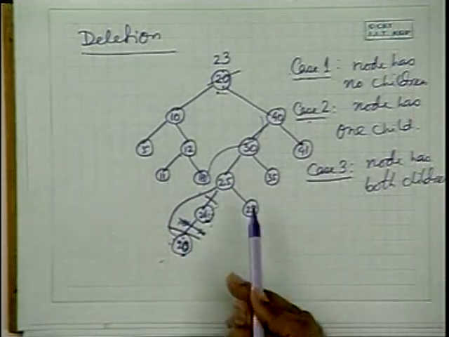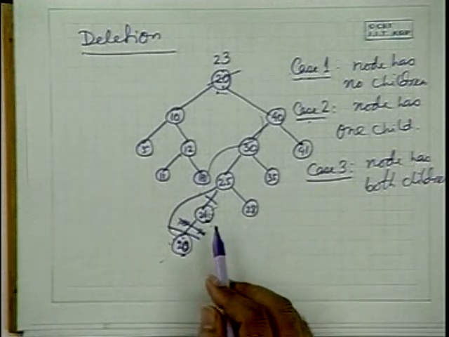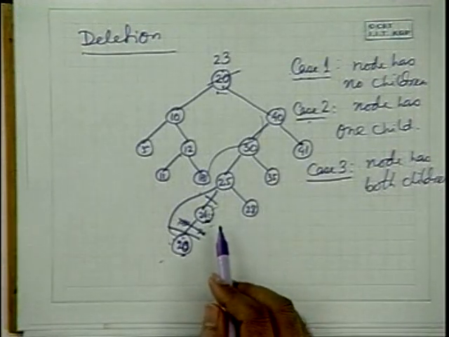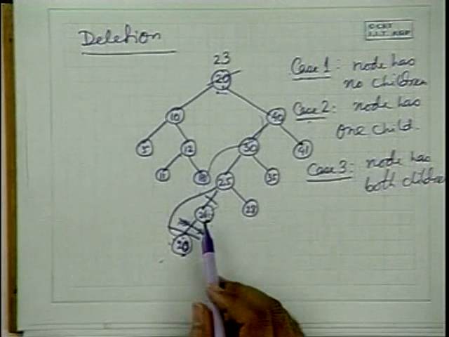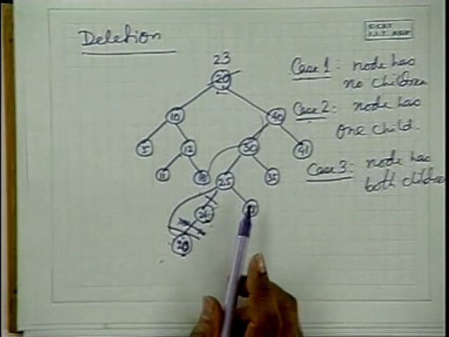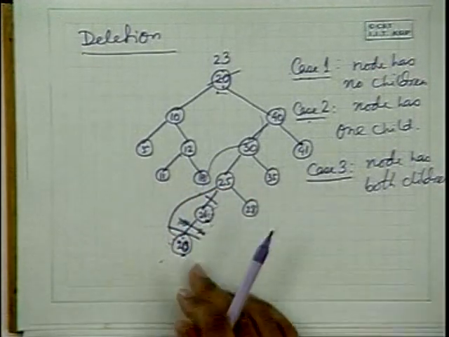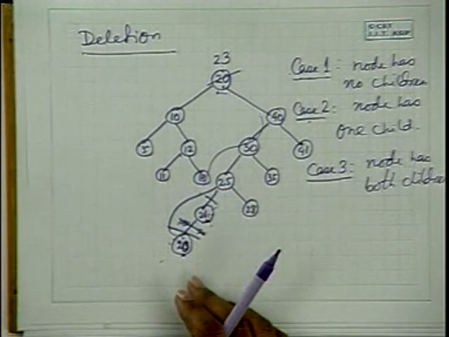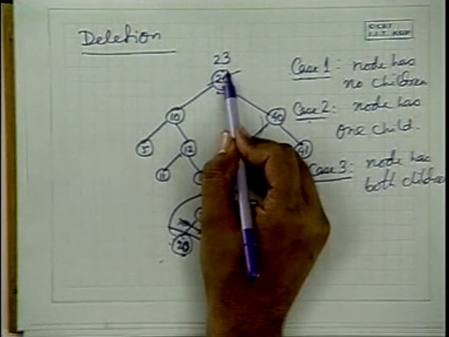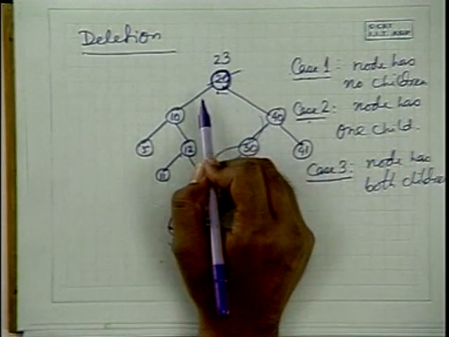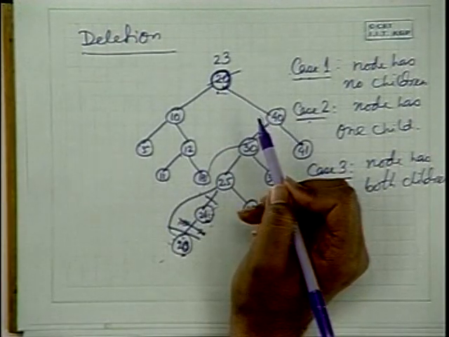You find out why. That is left to you. It will never happen because of the way we have defined it: either extreme left or extreme right or something like that. Say the node we are going to delete has two children.